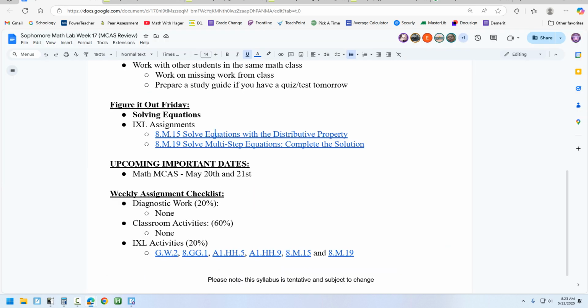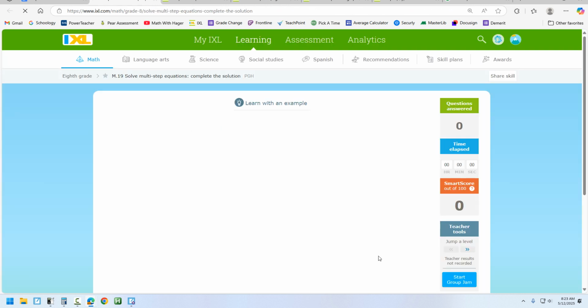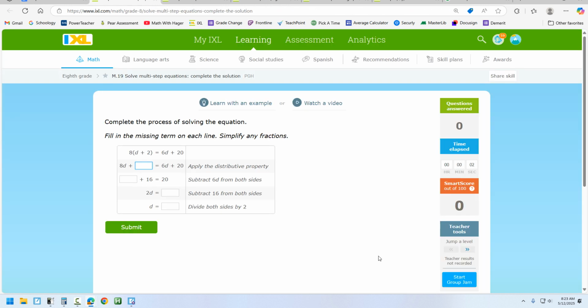And the last IXL, that one, is multi-step equations. So it's kind of like they're guiding you through the problem, and they just want you to fill in the boxes, but it's basically what we just did. But they help you do it. Okay.